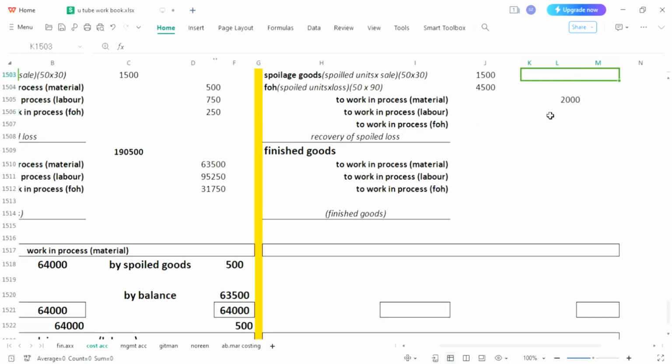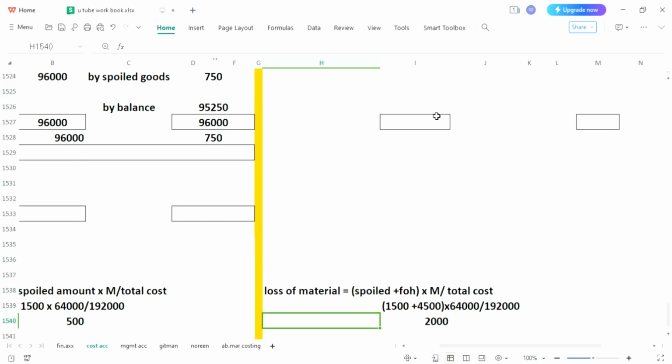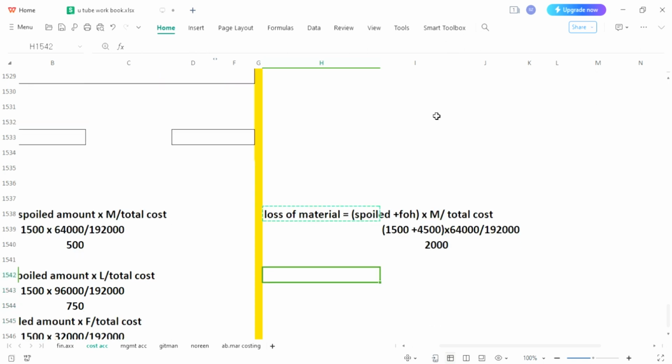Work in process material. In a similar way, you will now calculate work in process labor, and the same formula you will be using which was used for loss of material. Just we will change the heading, and here you will use loss of labor, and for that only one word would be changed, and that is labor cost.